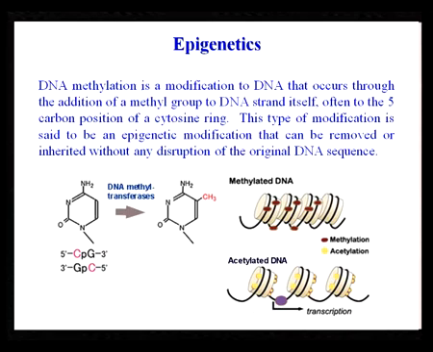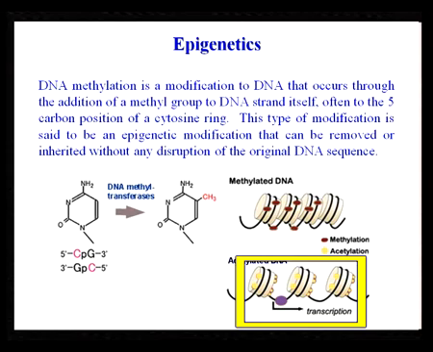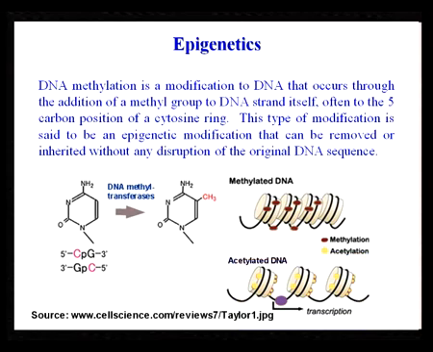So, unmethylated DNA which is acetylated leads to opening up of the histones from each other and allows accessibility to proteins and various transcription factors to interact with the DNA, and this interaction makes it possible for DNA to be transcribed.